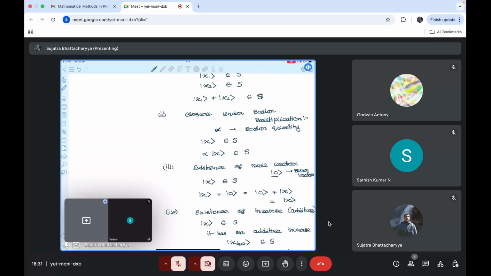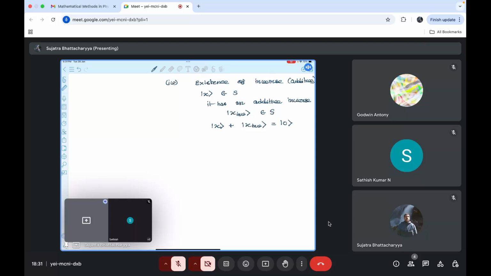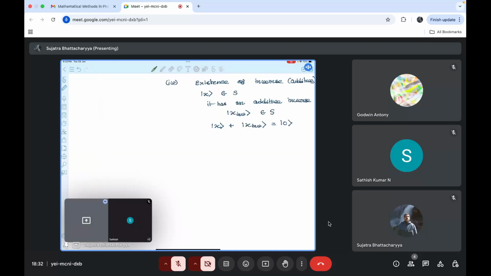And these are the four properties we should check. Once these four properties are followed, then we can say with confidence that this S is a vector space. That's the point. So let us do some questions. Then it will slowly get clear. Let's see one question.